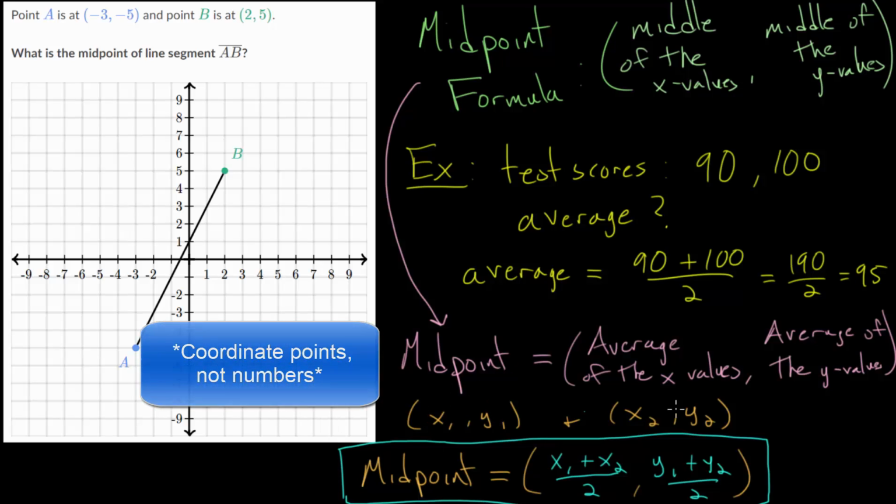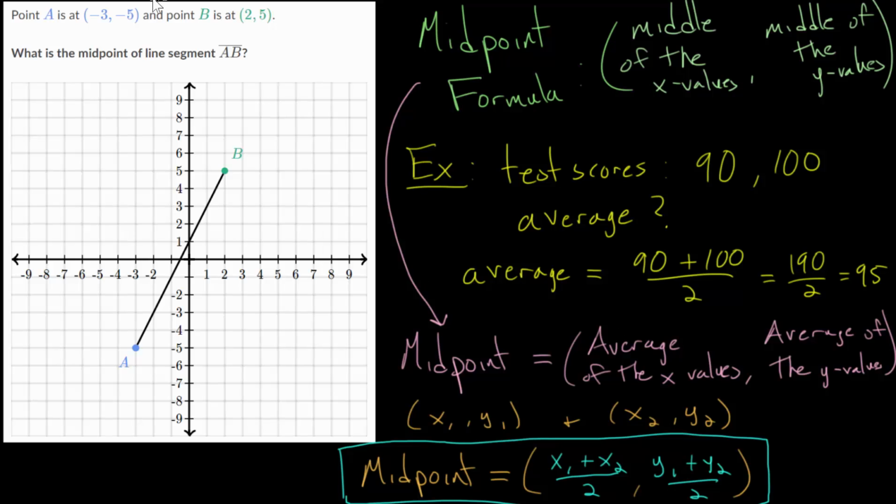So again, this is just written very generally. And if we go back to our problem, we can now apply that idea. We have a general idea that it should be probably about right there, but let's figure it out mathematically. So B we know is at (2, 5), and A is at (-3, -5). So to find our midpoint, we are going to take the average of the x values.